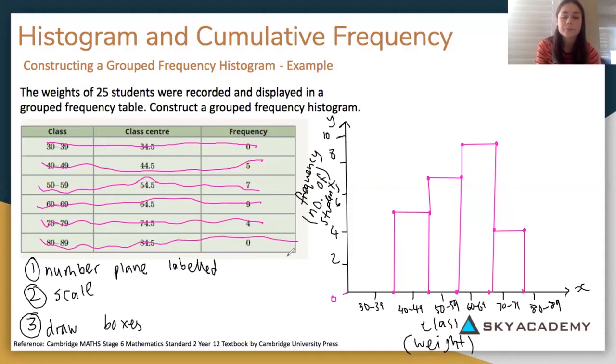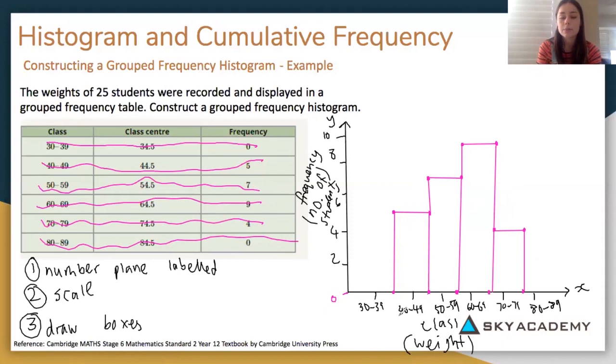So that would be my grouped frequency histogram for this question, where I'm measuring the number of students who had a particular weight. So the number or the frequency went on the y-axis and the weight went on the x-axis, and I connected my boxes together.